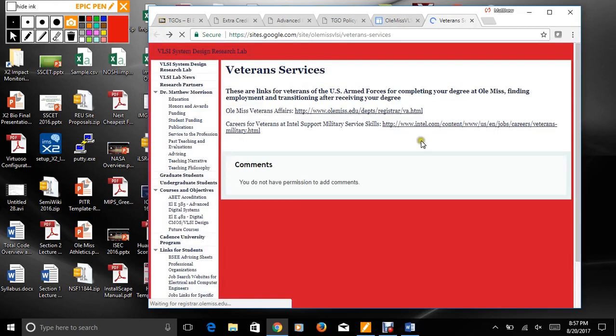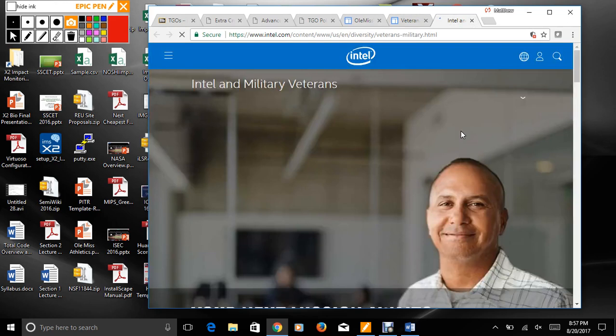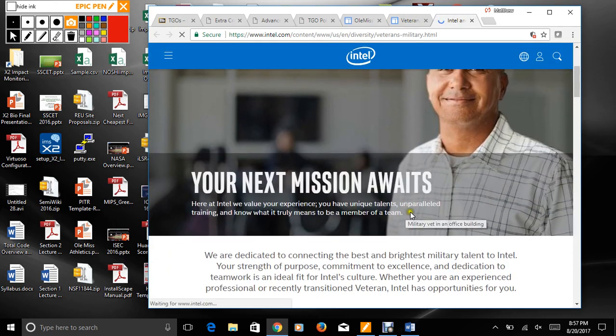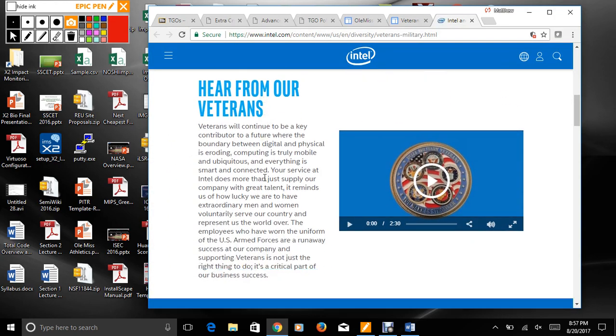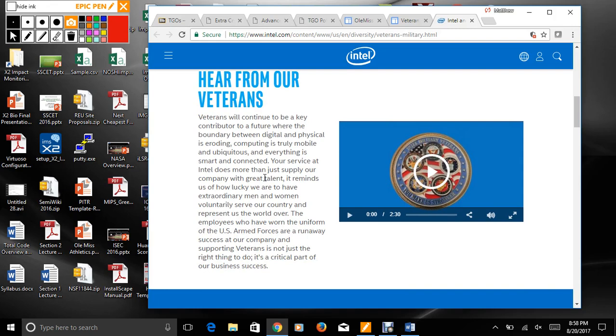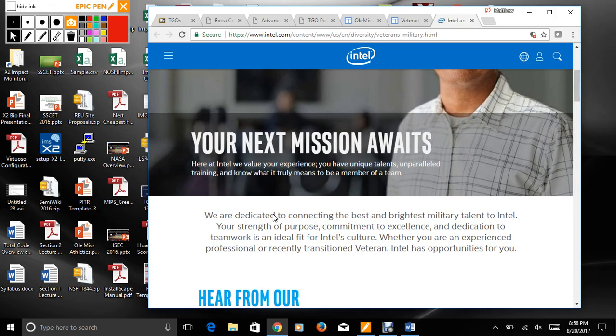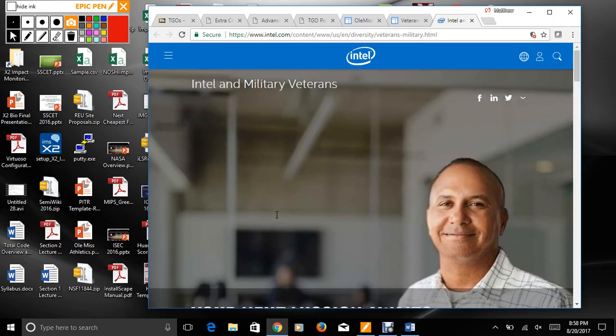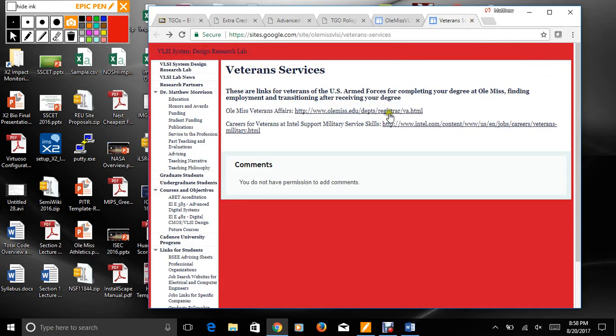That's the registrar's office. And then from here, there's a career for veterans at Intel support military service skills. So basically this helps quite a bit with converting back into society as a civilian. And this will help you out quite a bit with resume preparation and how you actually translate your military skill set into civilian resumes.